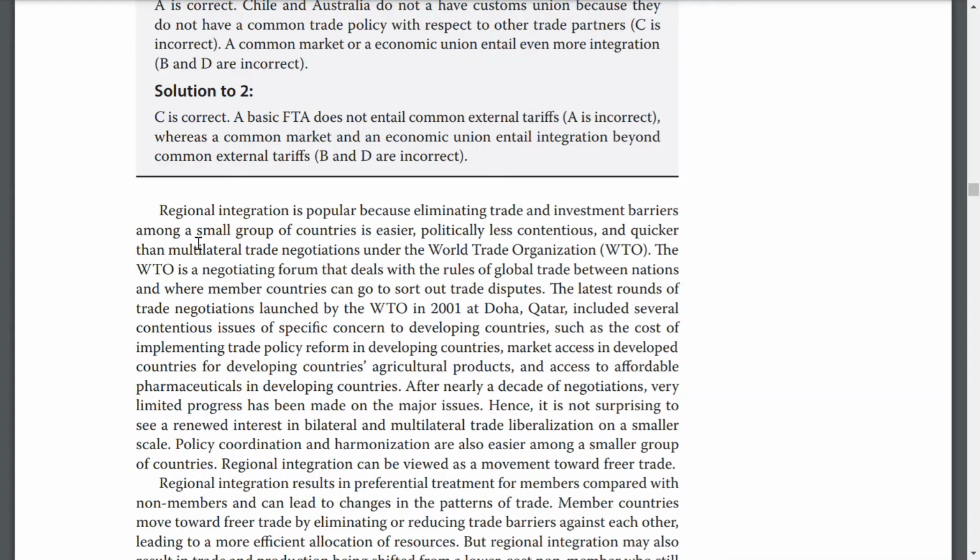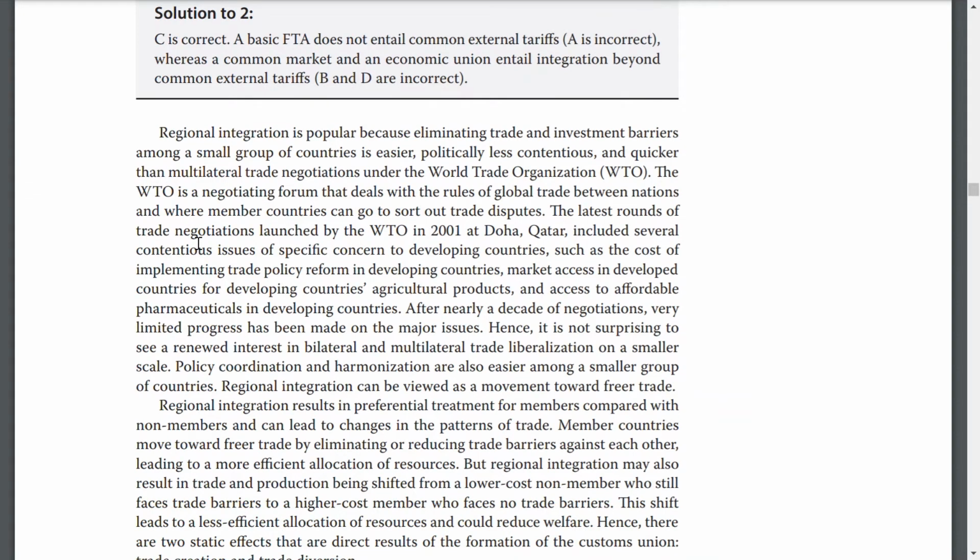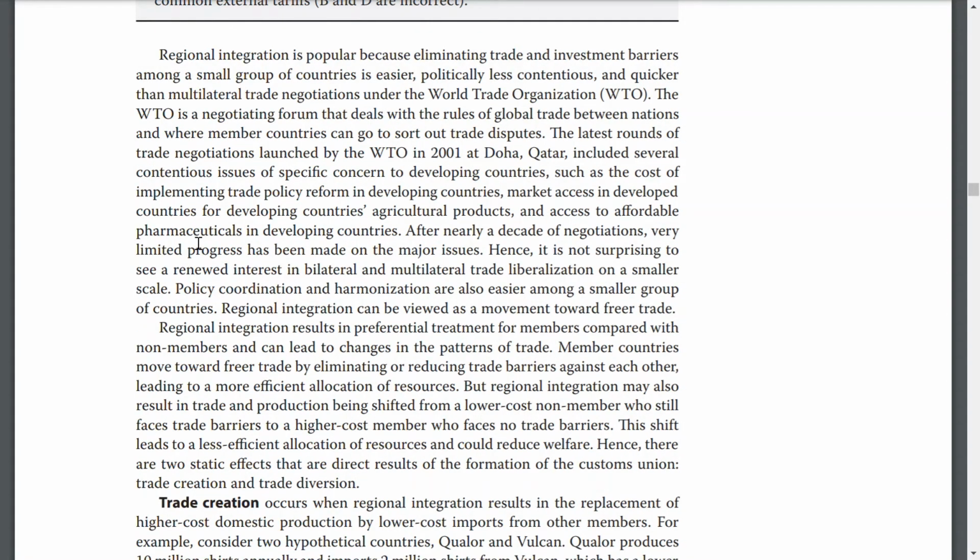The latest round of trade negotiations was launched by the World Trade Organization in 2001 at Doha, Qatar. It includes several continuing issues of specific concern to developing countries, such as the cost of implementing trade policy reforms in developing countries, market access for agricultural products, and access to affordable pharmaceuticals in developing countries.